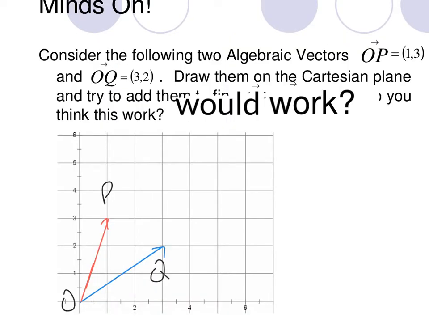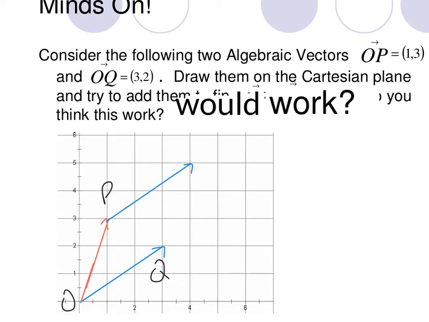Okay, so there are the vectors OP plus OQ. Now, what we can do is we can slide the vector OQ into position so that we can then add OP plus OQ. So we'll do that. Okay, so there it is.